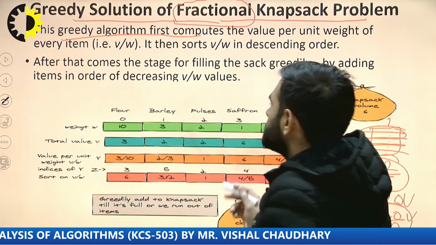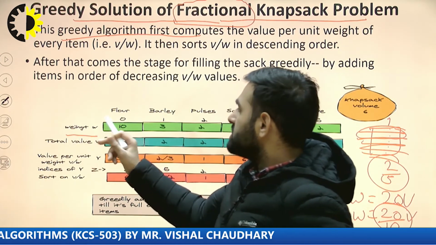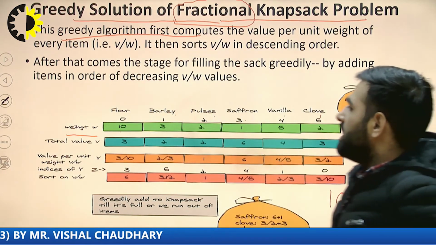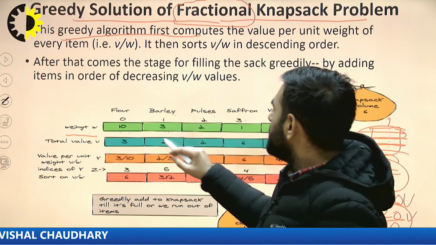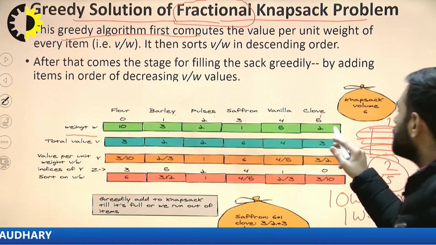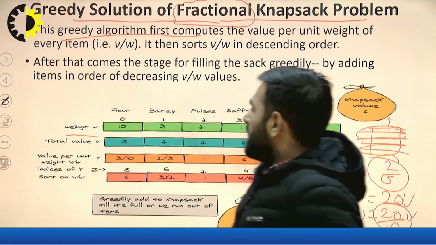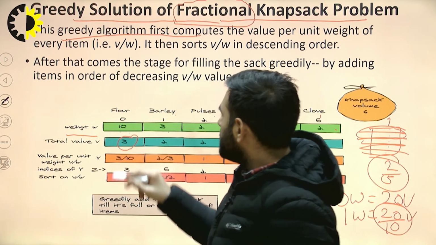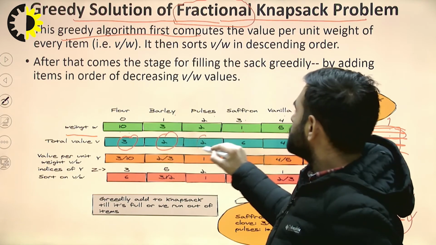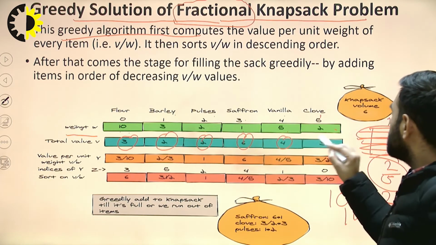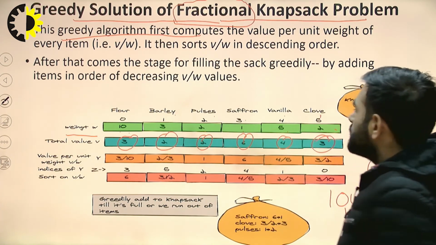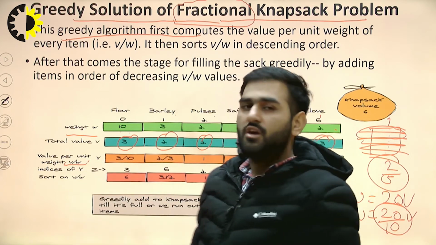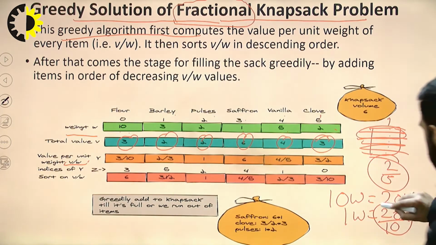In the particular example, as already seen in the last slide, we have flour, barley, pulses, saffron, vanilla, clove, and the weights are 10, 3, 2, 1, 5, 2. And the associated values are, for flour with weight 10 the value is 3, then 2, 2, 6, 4, 3. So first what we have to compute? We have to compute values per weight. This is the part.